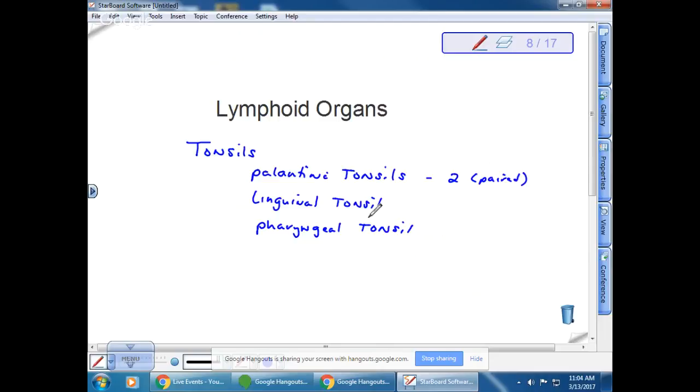So that has another name. Does anybody know what that is? Adenoids, right? Your adenoids. Okay, that's your pharyngeal tonsil. So on the back of your piece of paper, it shows the location of these tonsils.